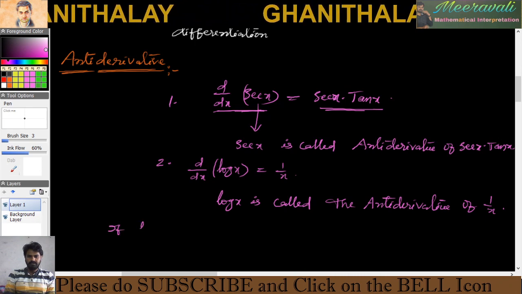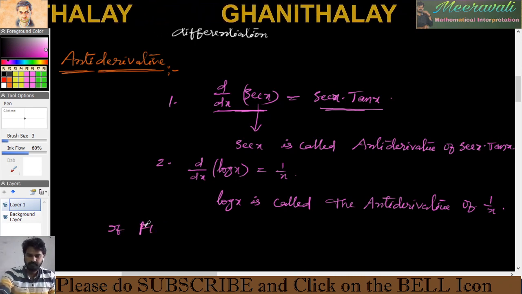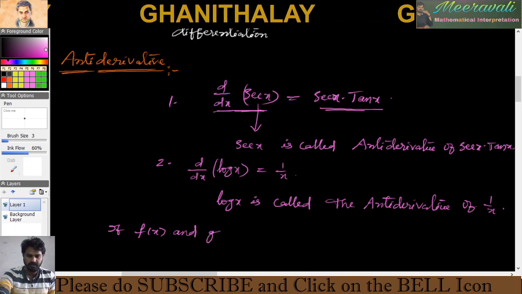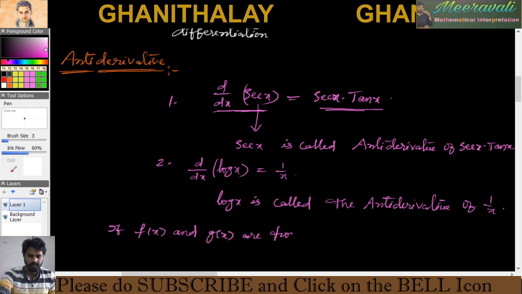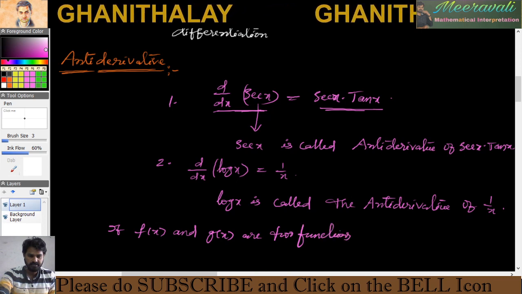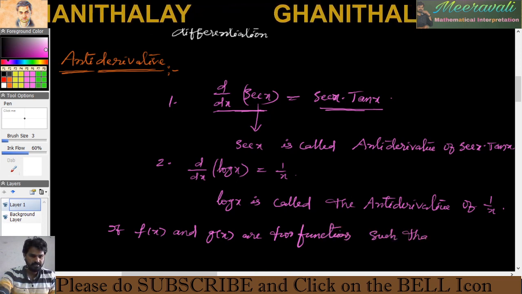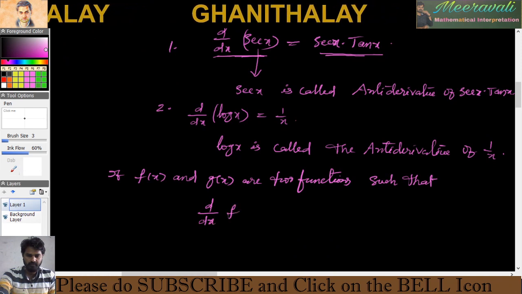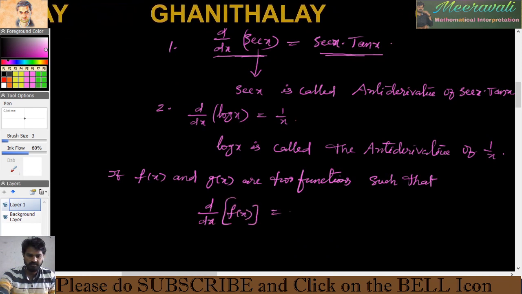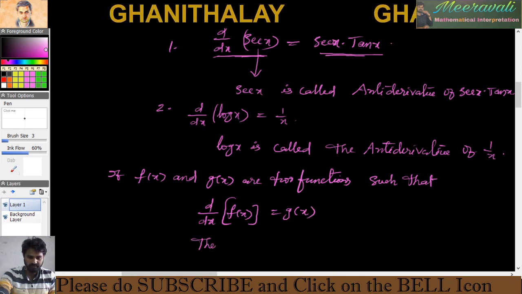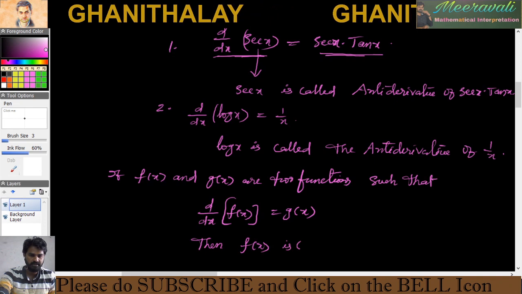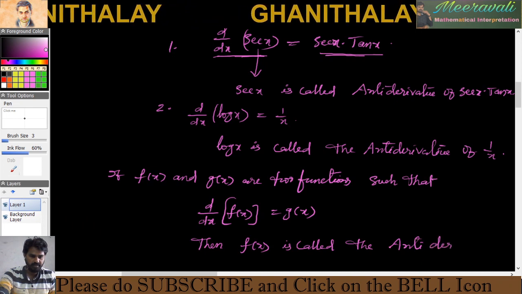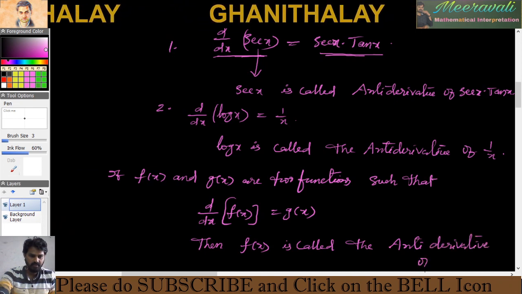Okay, in the same process, suppose f of x and g of x are two functions such that derivative of f of x is equal to g of x, then we say that f of x is called the antiderivative of g of x.